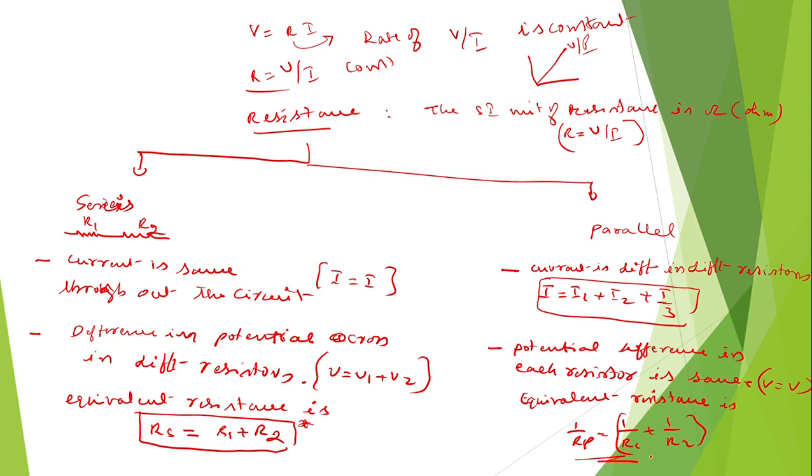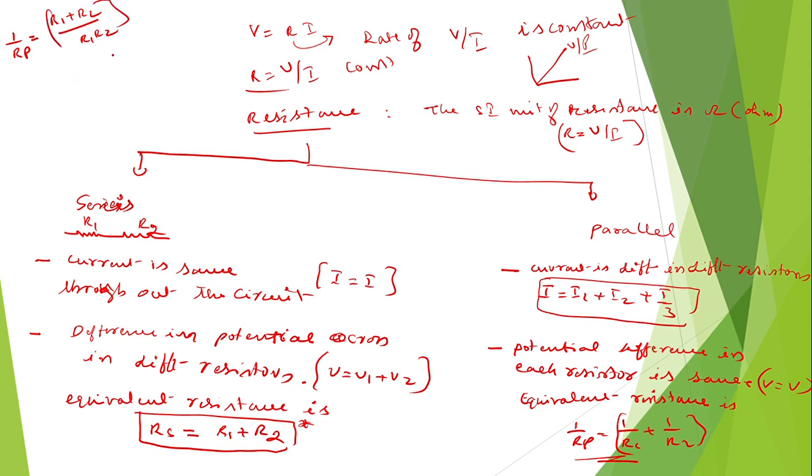If you simplify this, you will get 1 divided by Rp is equal to R1 plus R2 divided by R1 R2.